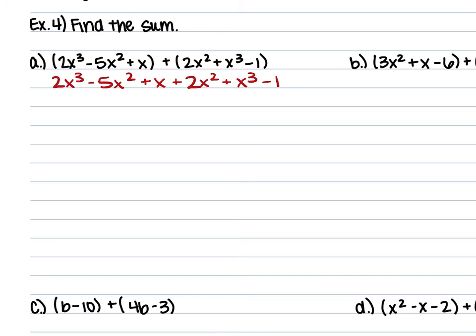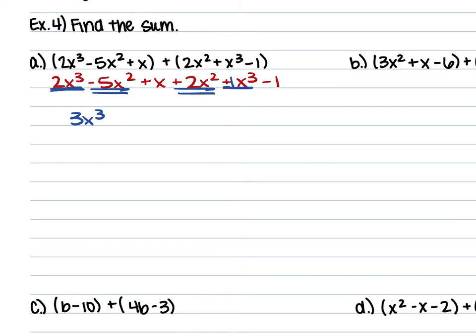So starting with my highest degree, I have x cubed. So the 2x cubed and the x cubed, I'm going to combine. 2 plus 1, because there's an invisible 1 in front of that x cubed, is going to give me 3x cubed. Then I have the negative 5x squared and the 2x squared.